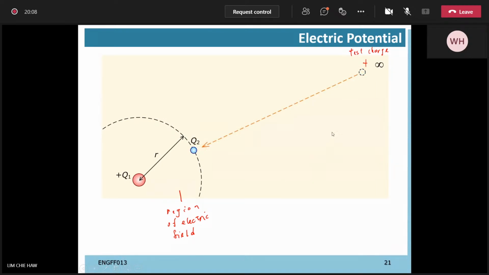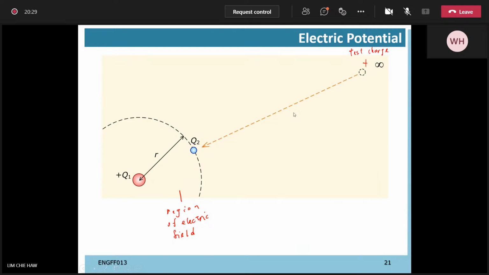Of course, Q2 will definitely feel a very strong repulsion from Q1. Maybe at far the repulsion is not that strong, but when it gets closer and closer to Q1, the repulsion will get stronger and stronger.